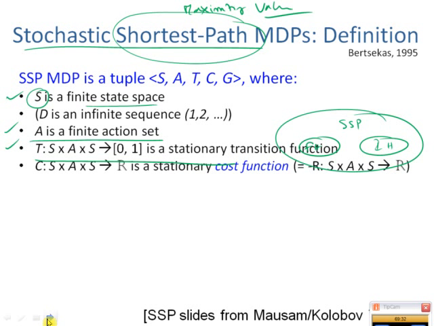Furthermore, I did mention that a state has a specific reward, but normally you want to talk not about the reward or cost of a state, but the cost of doing an action in that state. Do you see what I'm saying? So if you are in state S, and you did action A, which can take you to 3 different states, S1, S2, S3, let's say with probabilities 0.7, 0.1, and 0.2.